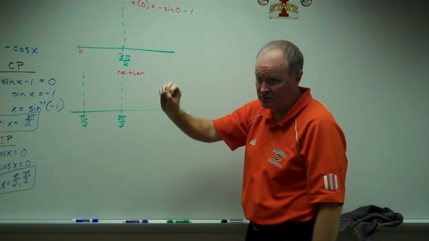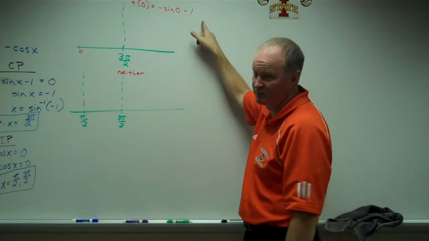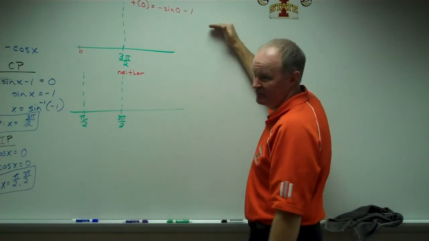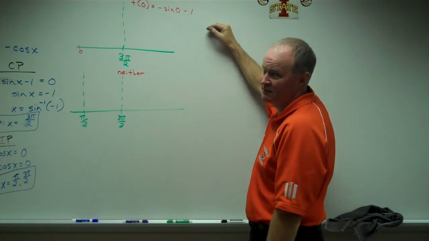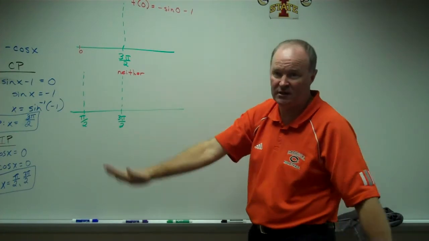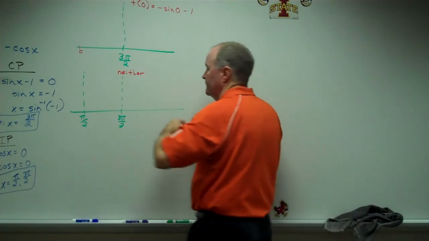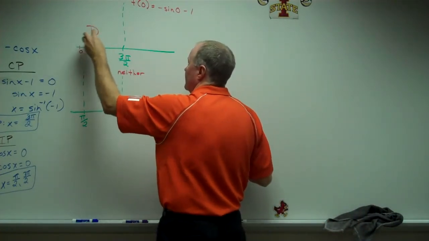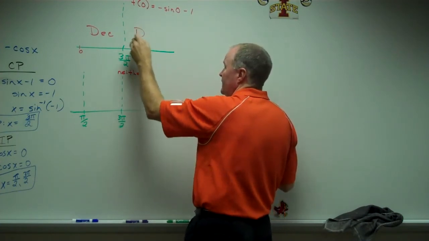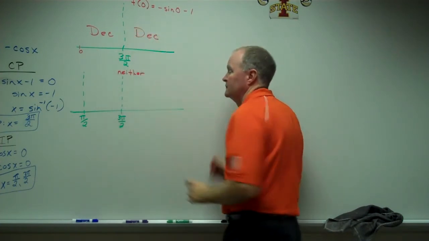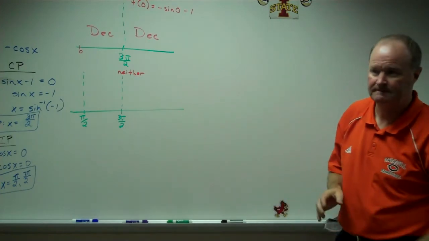Opposite of 0? 0. Minus 1? It's negative. So what's that mean about your increasing and decreasing? What's your white sheet tell you? Decreasing. This is a neither, and it's not a fractional exponent. It's also decreasing.